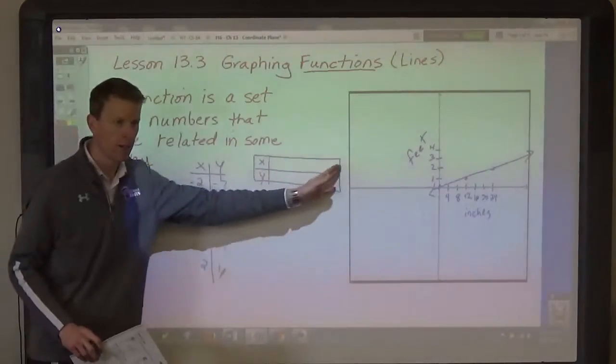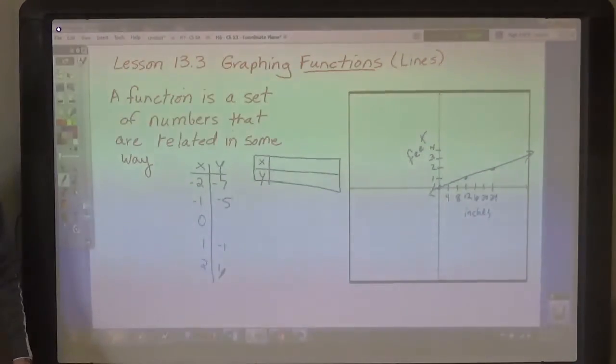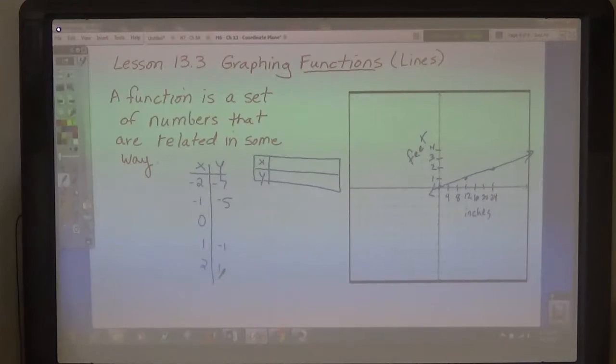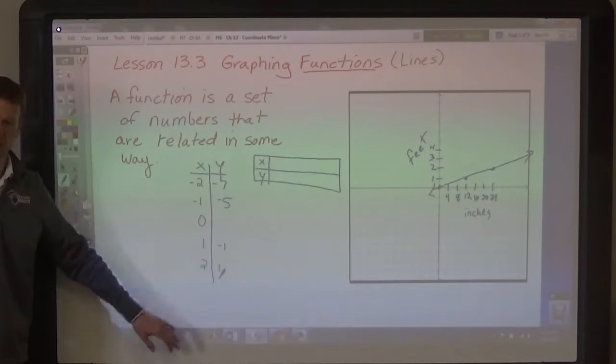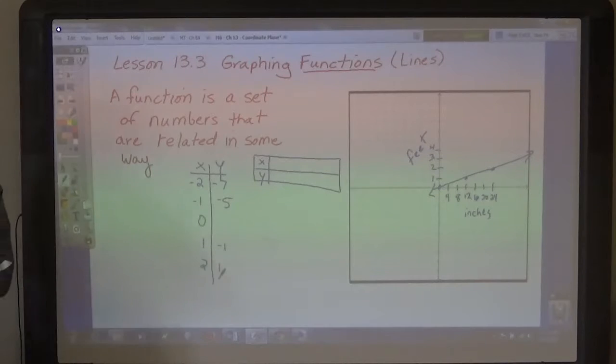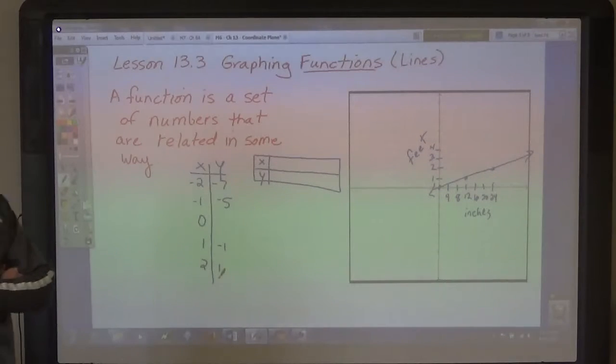And then they're also written this way on a chart. How else could we write these numbers? You wrote them on your assignment today in a different way. How else could we write them?